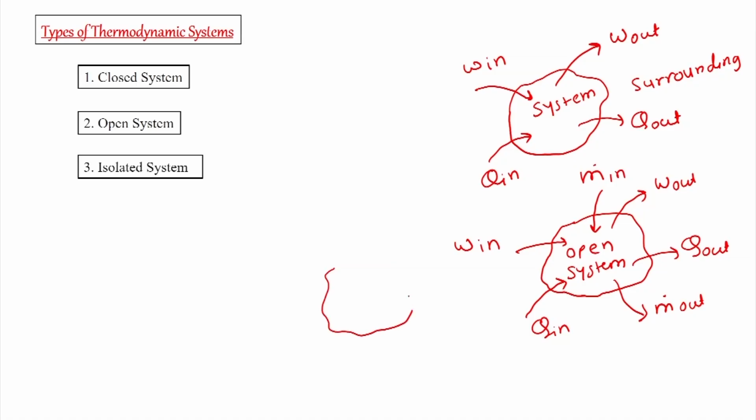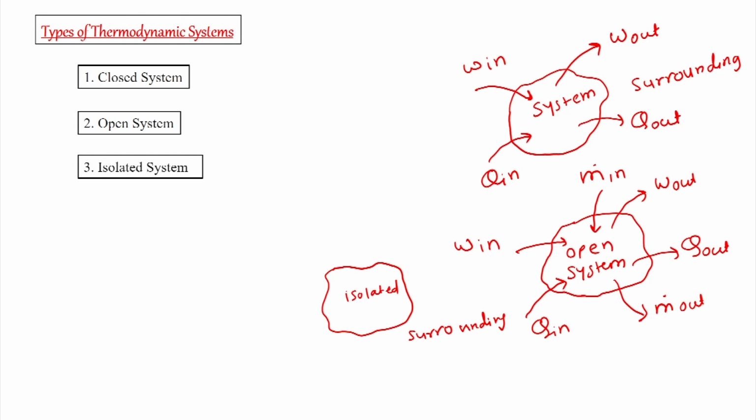Then we have an isolated system. In the isolated system we have only the system and surrounding, and there is no work interaction, no heat interaction, and no mass interaction between the system and the surrounding.